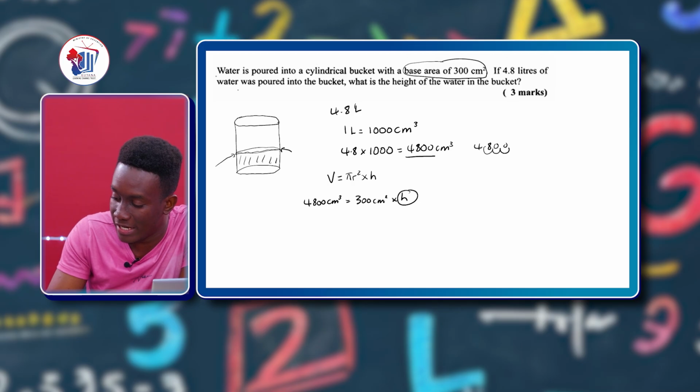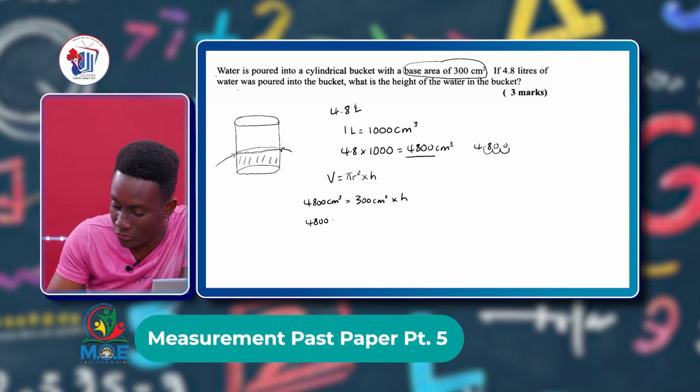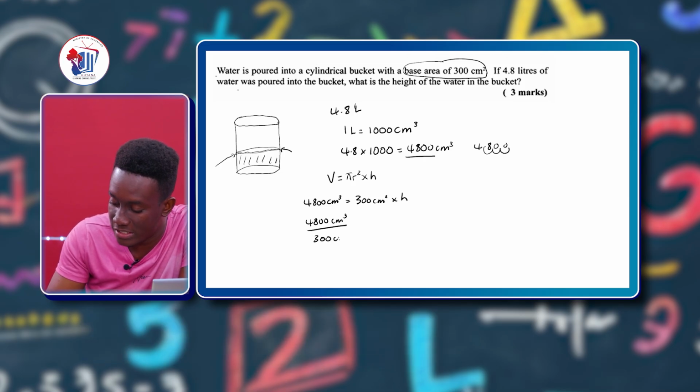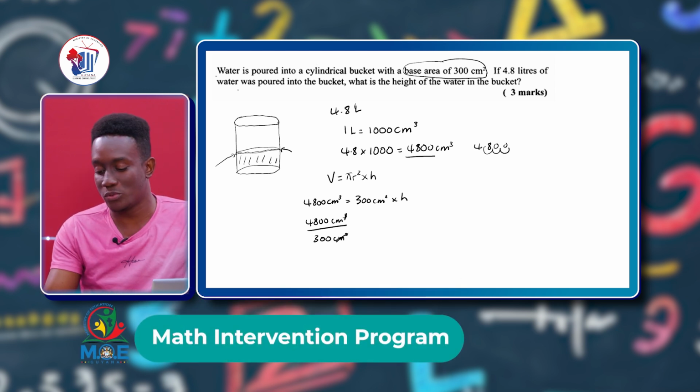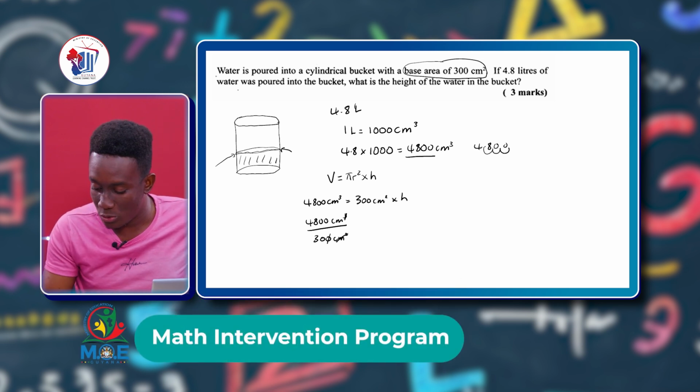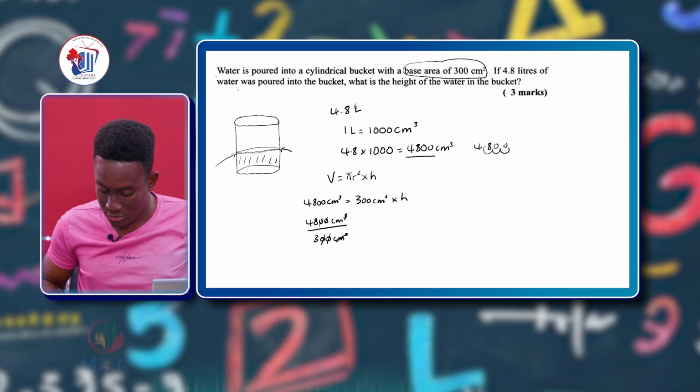So now we can find the height by simply taking off the 300. So it will be 4,800 cm cube, all divided by 300 cm squared. The cm squared will cancel out with 2 of the cm cube, so we are just left with cm. And then this 0 goes with that 0, this 0 goes with that 0.